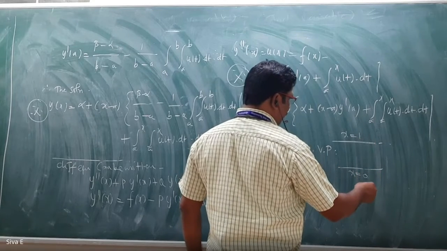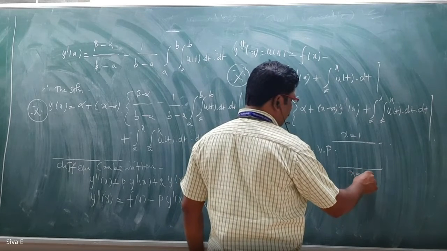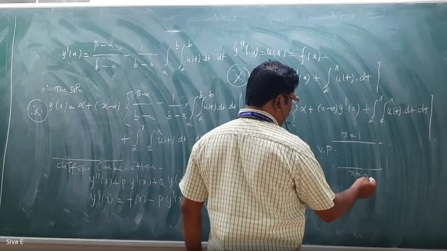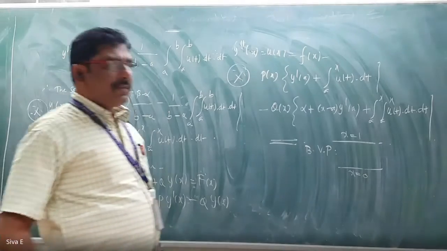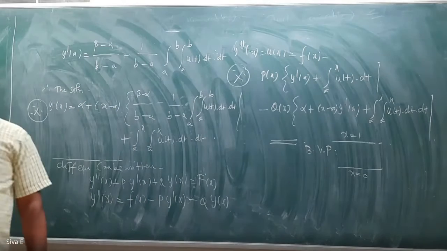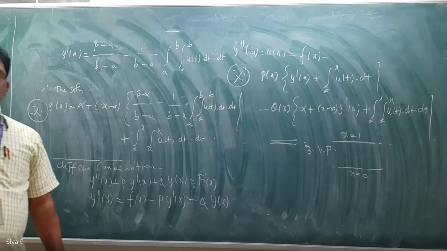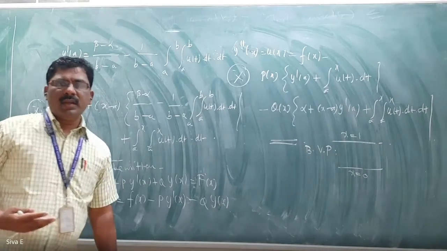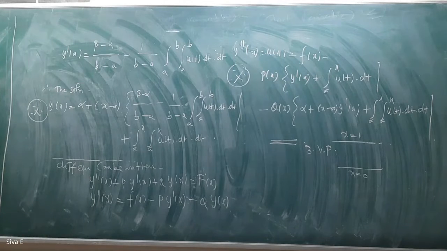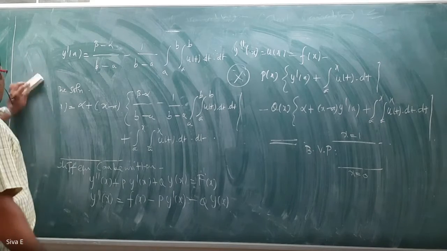If I take a equal to 0 here, that means I'm moving the boundary to the arbitrary. Then the problem will be somewhat easy. It is not complicated, then we can easily solve that. For my convenience, I take a equal to 0 and b equal to 1.